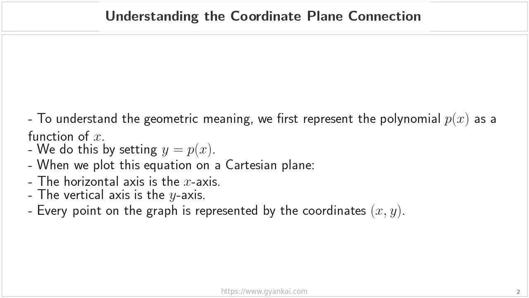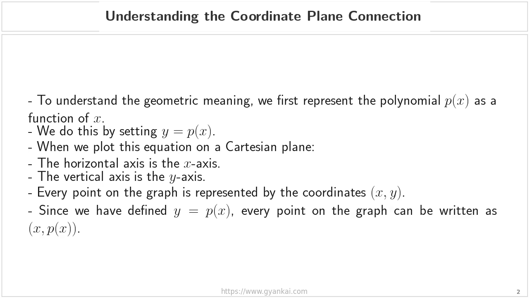Every single point you see on this graph is represented by a pair of coordinates, x and y. However, because we have specifically defined y as being equal to p of x, we can be more precise. Every point on this graph can be written using the coordinates x and p of x.